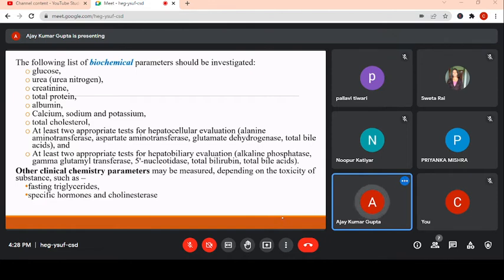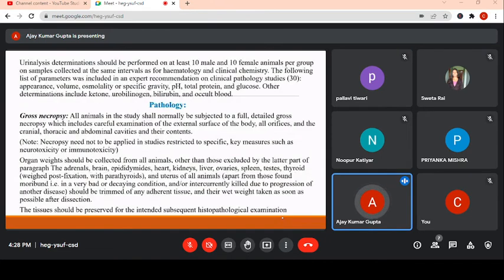Urine analysis determination should be performed on at least the same 10 male and 10 female per group. So it has to be investigated for appearance, volume, osmolality or specific gravity, pH, total protein, and glucose.